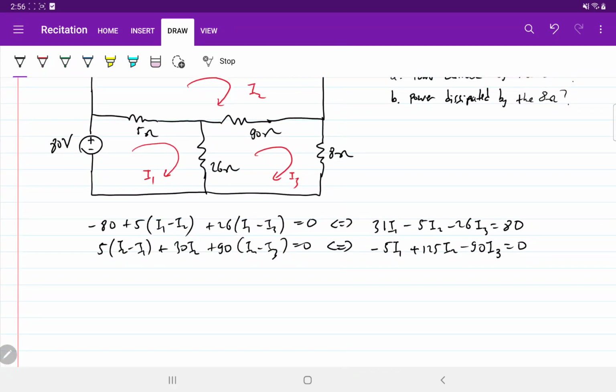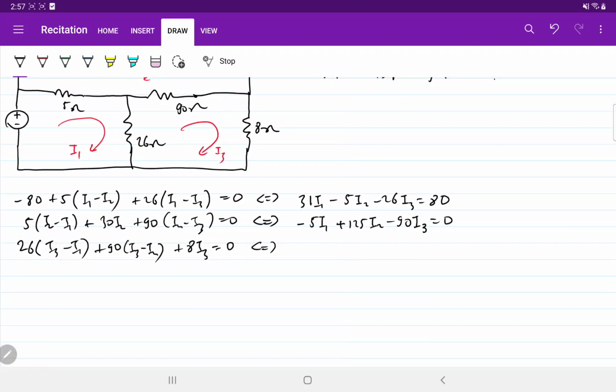Okay, the last one we have 26 times I3 minus I1, plus 90 times I3 minus I2, plus 8 I3 equals 0. By simplification, we obtain minus 26 I1 minus 90 I2 plus 124 I3 equals 0.